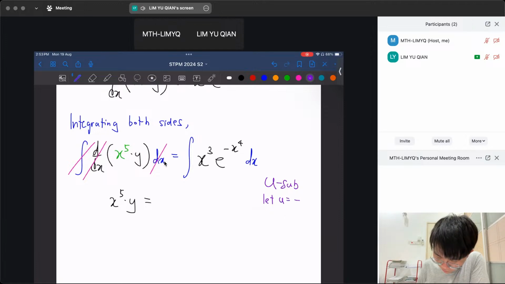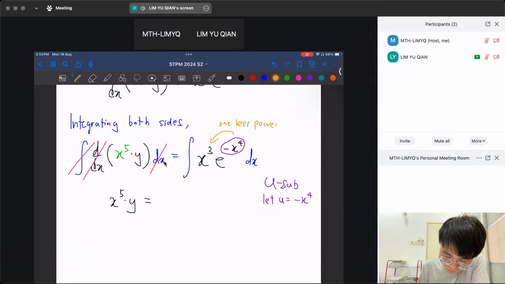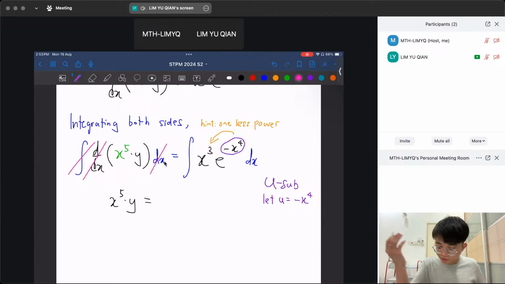Let u equal to negative x power 4. This is what will be substituted, because if you differentiate once you get x power 3, so the hint is one less power. So u sub is the correct method. Don't even need IBP, just u sub only.